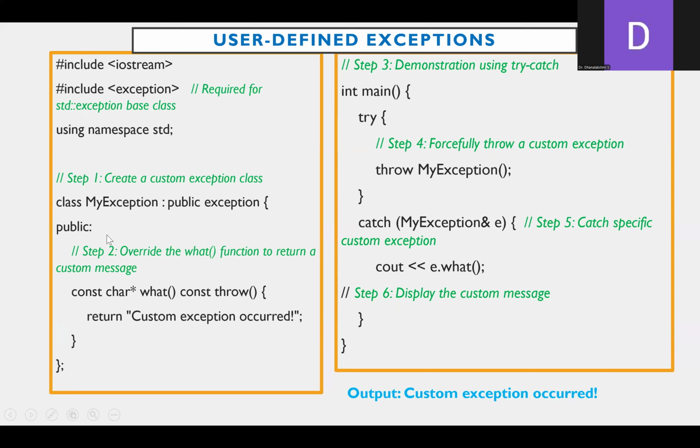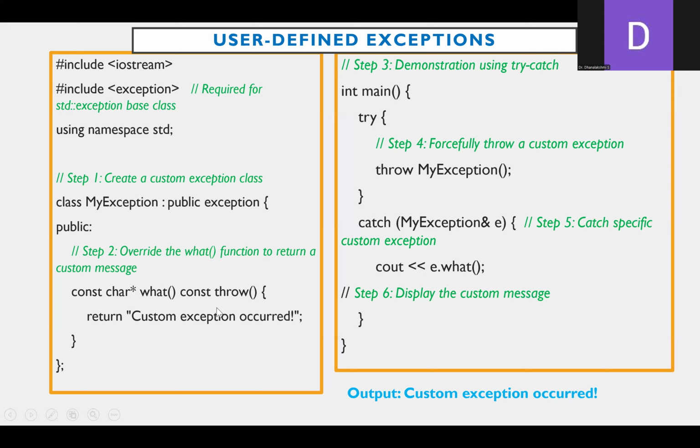Now step 2, overriding the what function. Here we have given const char* what() const throw(), and it's going to return "Custom exception occurred". This function what is declared in the base class std::exception, and it returns a C-style string, const char*, describing the error.